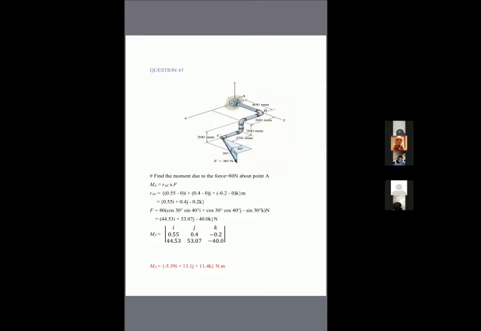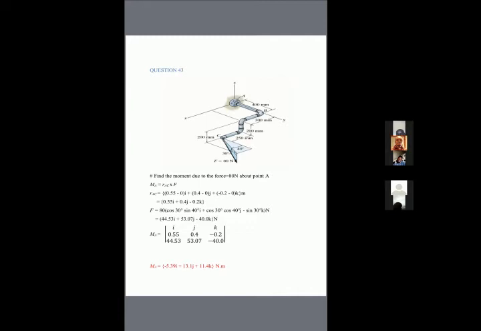In this case, our unit vector happens to be cosine 30 sine 40 in the x, plus cosine 30 cos 40 in the y. Then the z is simply negative sine 30, because it's going downwards there.